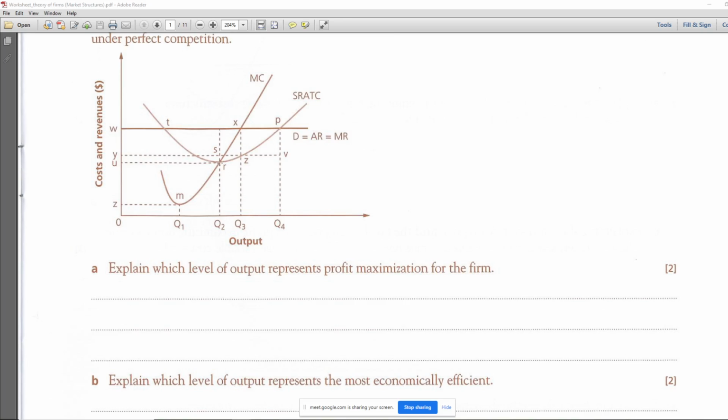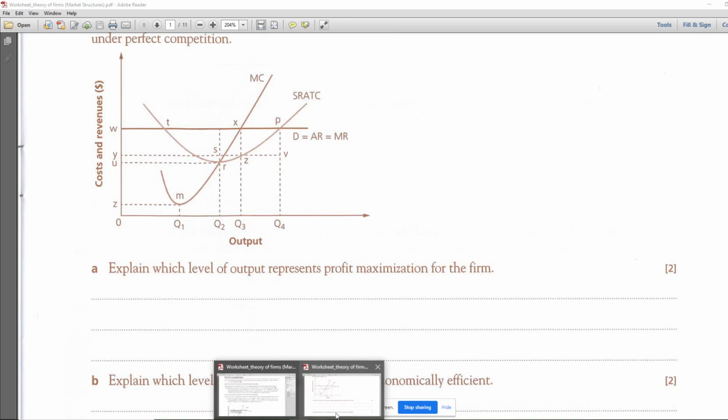So when we look down, we know that at Q2, if you produce your product there, then you are producing it at the lowest average cost. If you are producing it here, then your average cost will be here. So at Q2, that is your productive efficiency. Make sure you remember the difference between allocative efficiency and productive efficiency.